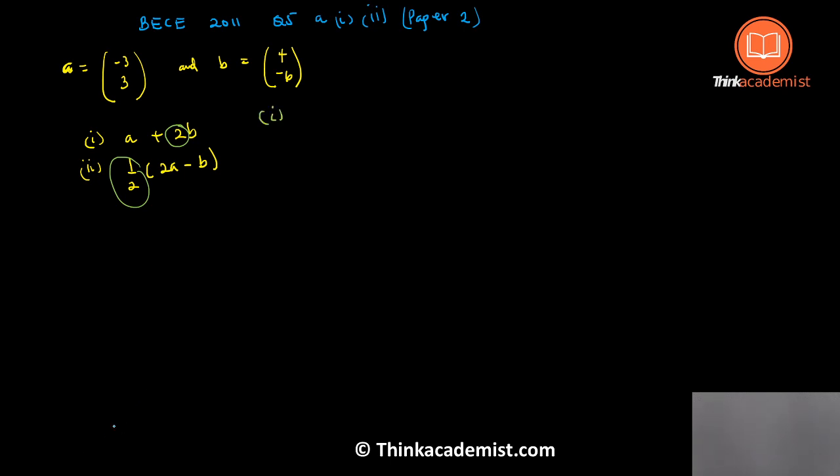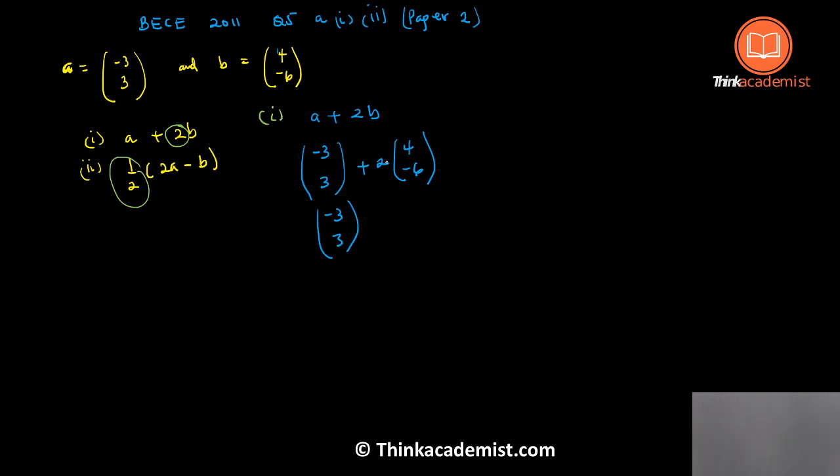So solving that one, we have a to be (-3, 3), and b to be (4, -6). Wherever we see a, we are putting (-3, 3) there. So for a + 2b, we have (-3, 3) plus 2 into bracket (4, -6).